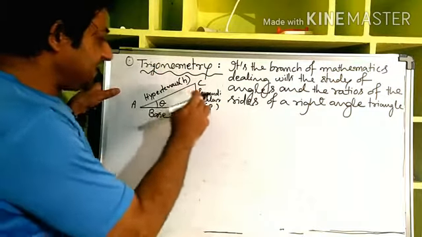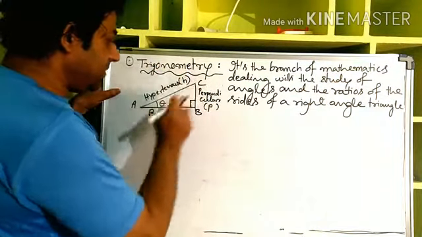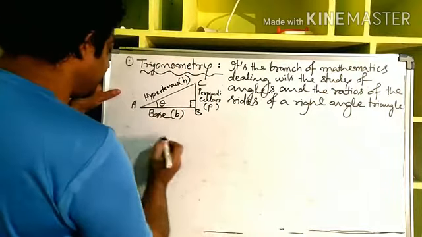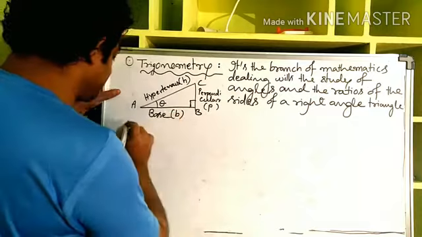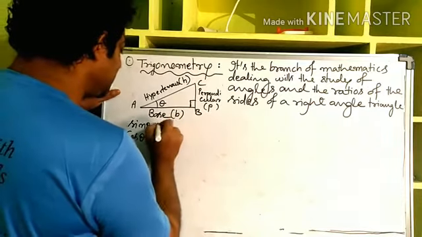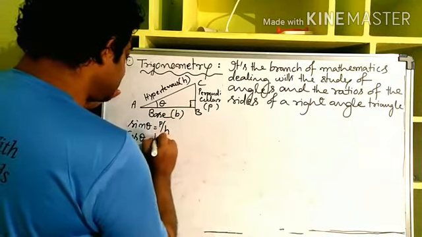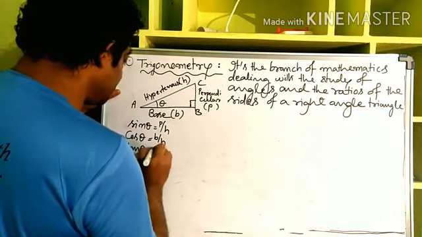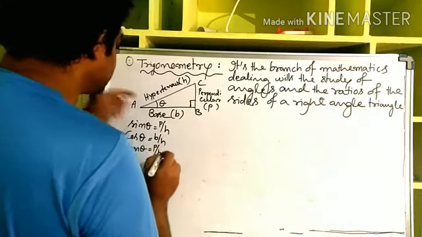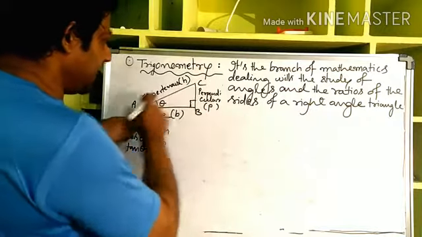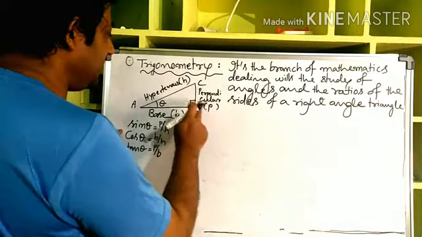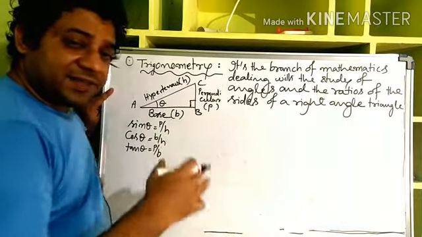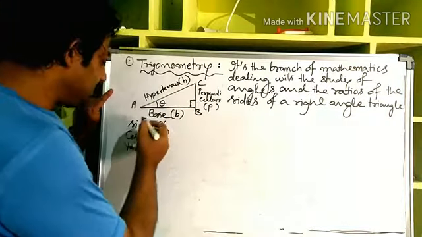So in terms of P, B and H, we define certain T ratios or trigonometric ratios. Sin theta is equal to P by H, cos theta is equal to B by H, and tan theta is equal to P by B. There are other three ratios which are just inverse of them.